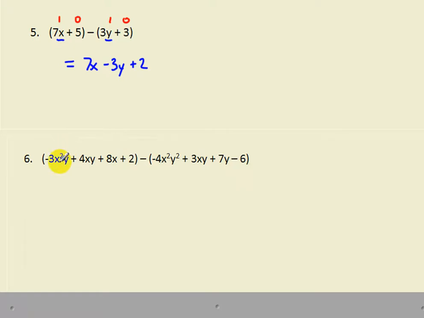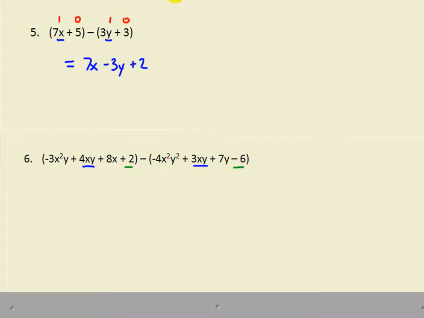And notice that here we have x squared y to the first, x squared y squared. Well, that doesn't match up. Here we have xy matches up with xy, so that's good. Then we have x, but over here we have y, and then finally we have our constants.